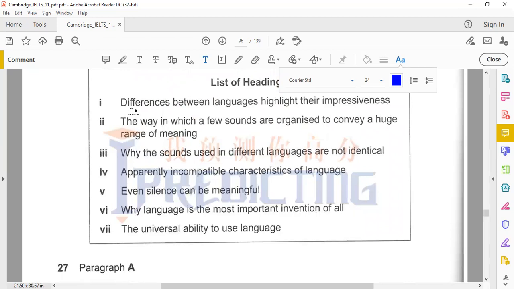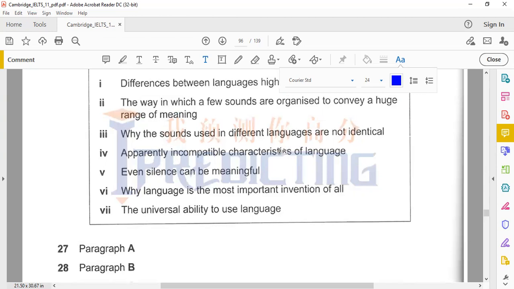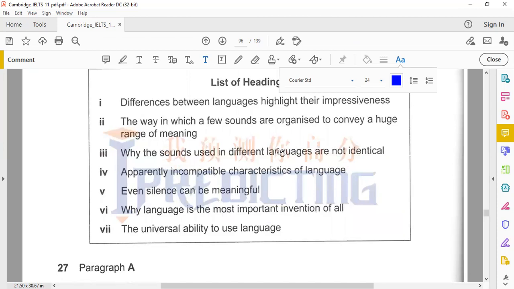In paragraph C, differences between languages highlight their impressiveness. This matches to here. Where is this matching?